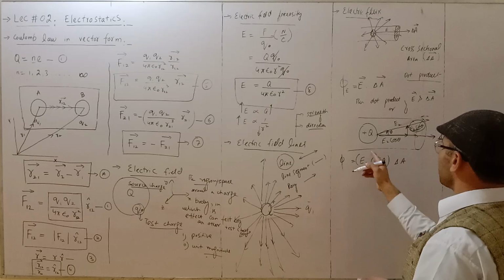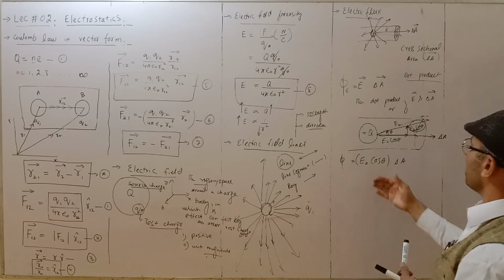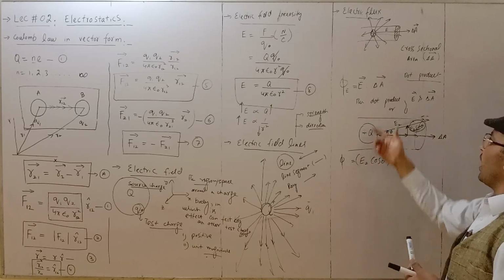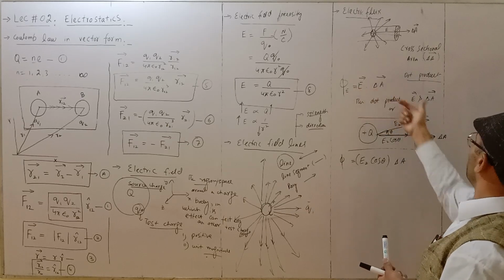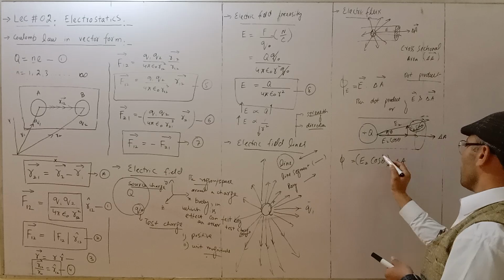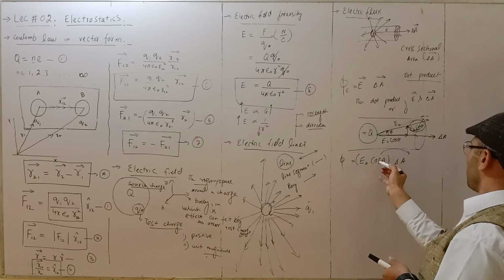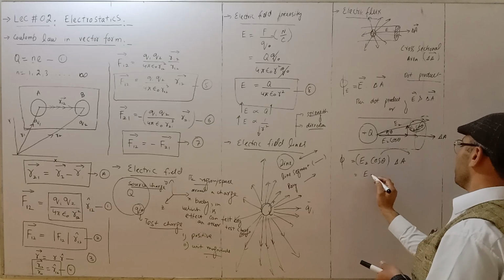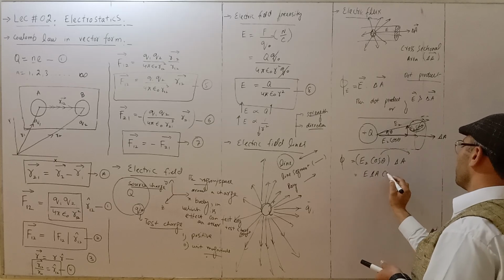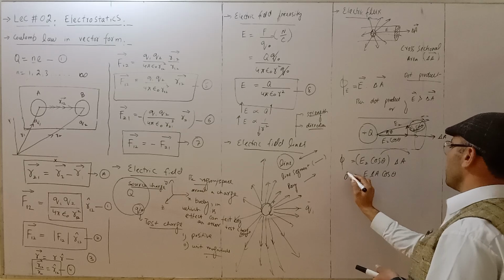Here I omit the vector notation because I am taking the magnitudes of the electric field intensity and of the cross-sectional area. So I take cos theta out of the bracket, and it becomes E delta A cos theta.